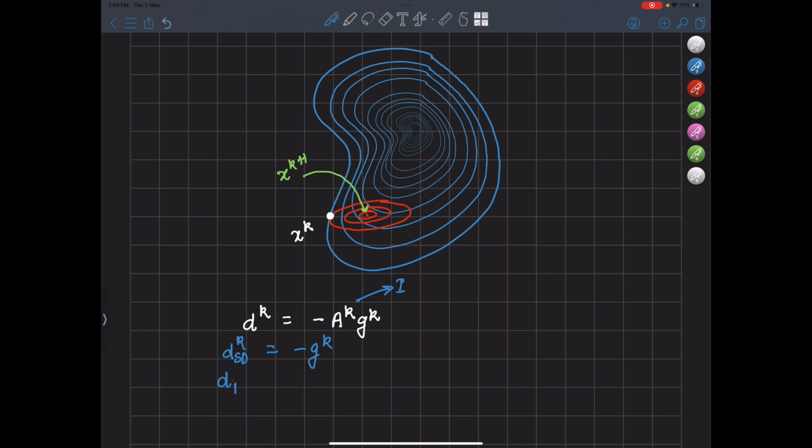For Newton's method, which we are looking at now, this direction becomes minus Hk inverse gk. This is the difference, and this is the motivation behind classical Newton's method.